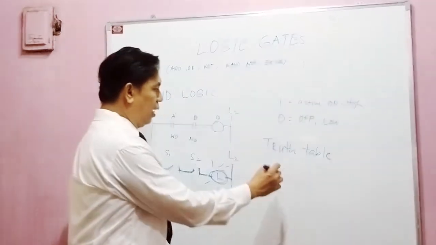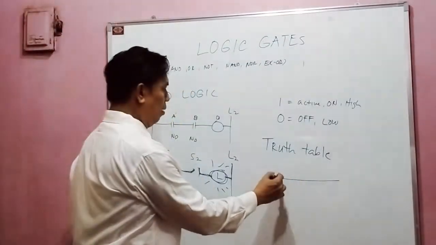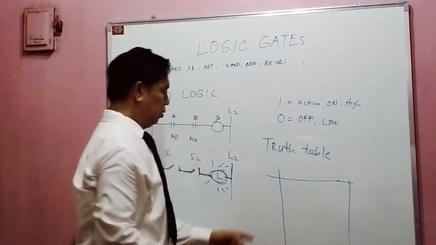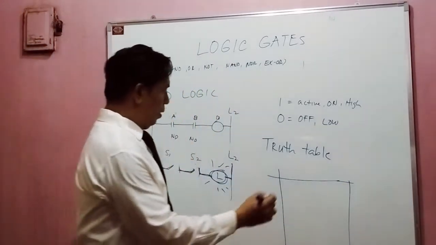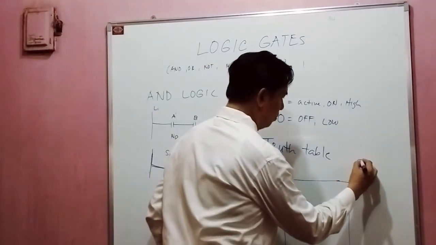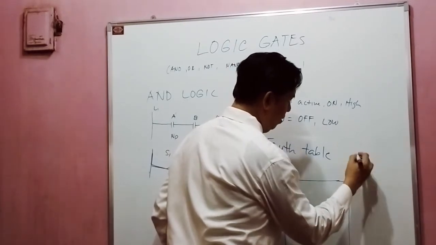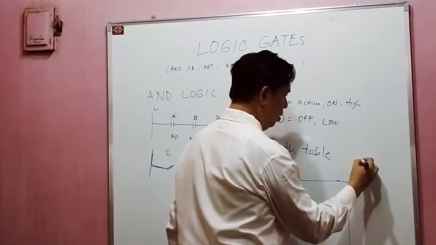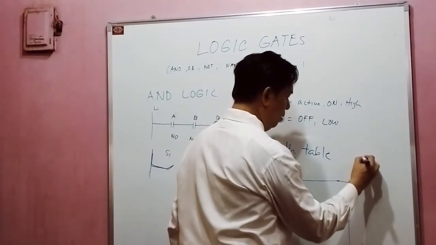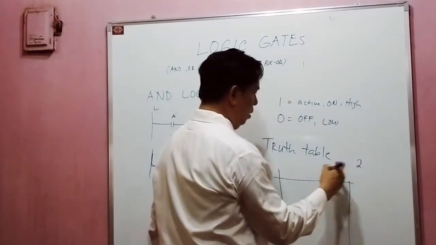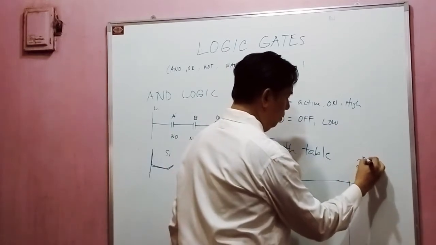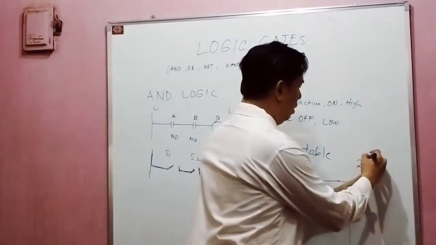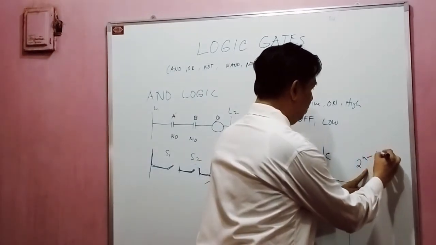So how do we design or construct a truth table? Yeah. So we can construct a truth table by using this configuration. It is based on the 2, or the binary number, right? For example, the base 2 to the n. N stands for the number of inputs.